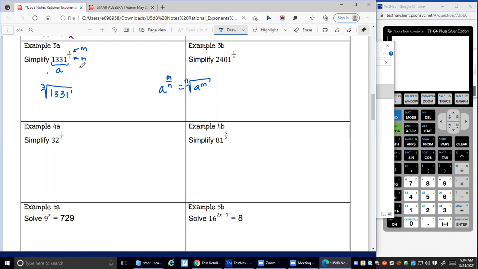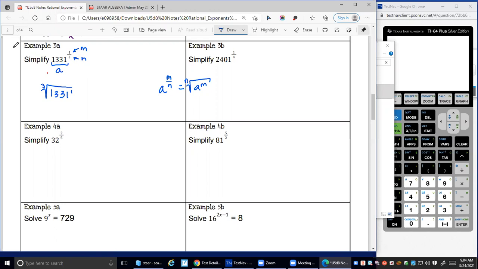So any ideas? We got a number that ends with 1. What is 1,331 probably divisible by? Any ideas? It's not even, so not 2. Do you know how to check if something is divisible by 3? Okay, I'm going to show you.